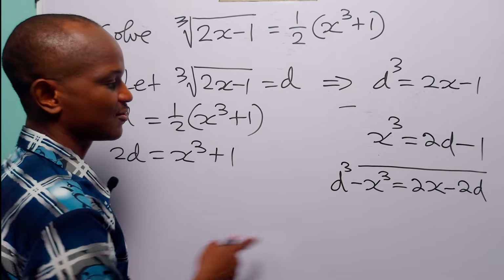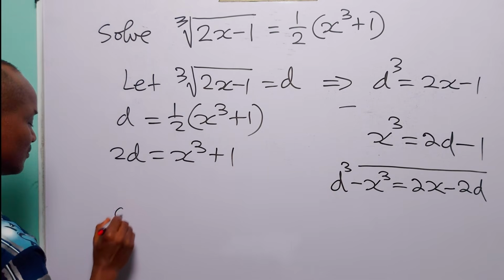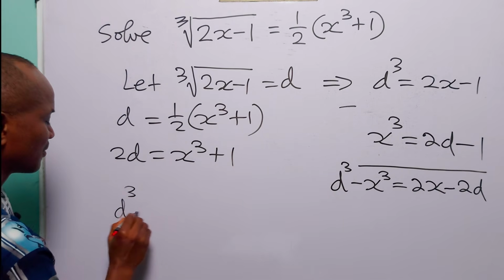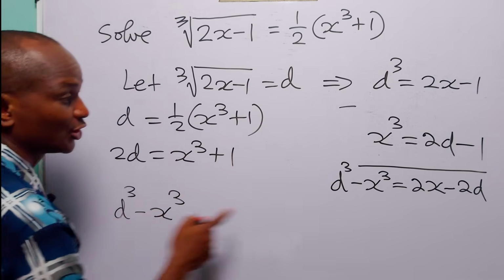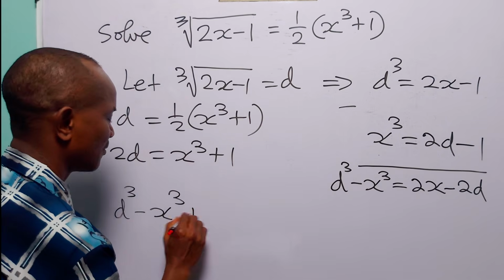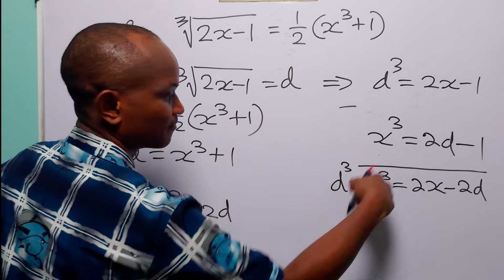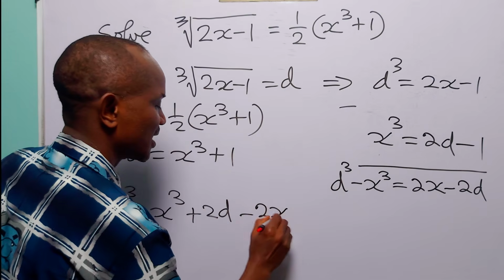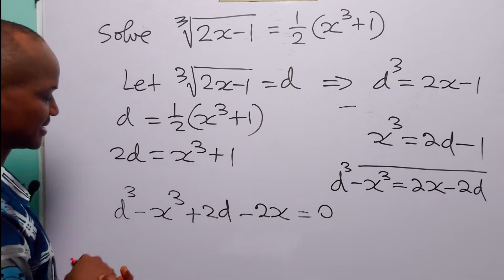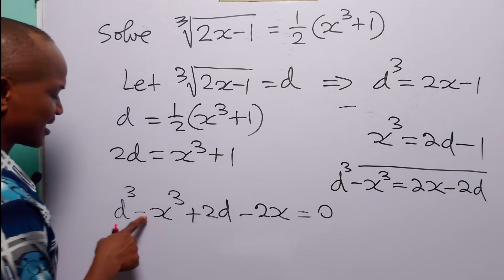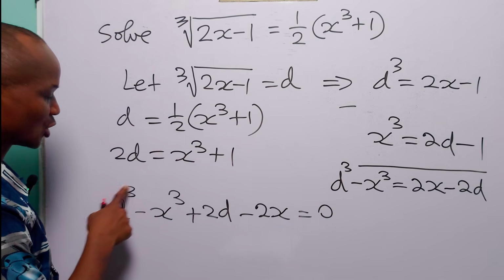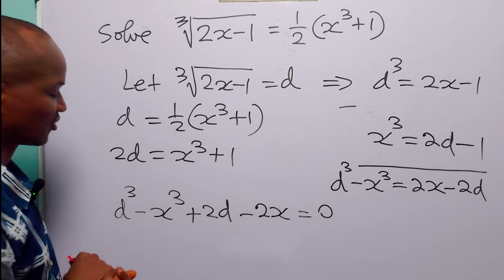Now, rearranging this equation, we have d cubed minus x cubed plus 2d minus 2x is equal to 0. Now, notice that here we have the difference of two cubes, and we can factorize.